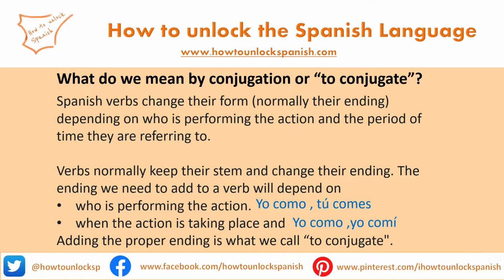But if I want to say I ate, I will have to say yo comí. I will have to choose the ending í, which is the ending for I did something in the past. So I will say comí. So adding the proper ending is what we call to conjugate.